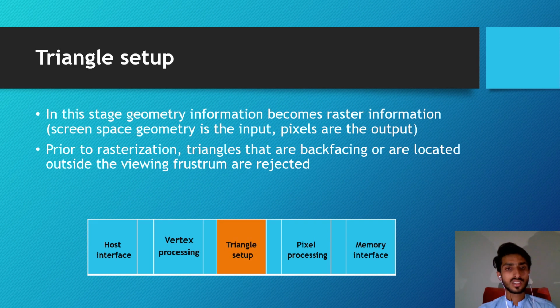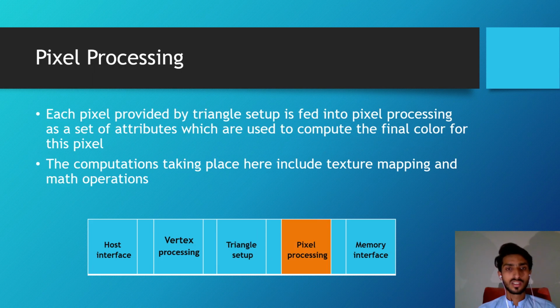The third one is triangle setup. In this stage, geometry information becomes raster information. Screen space geometry is the input, pixels are the output. During rasterization, triangles that are back-facing or located outside the viewing frustum are rejected.